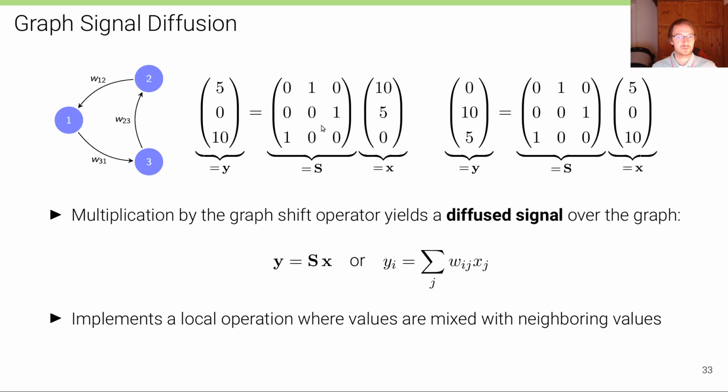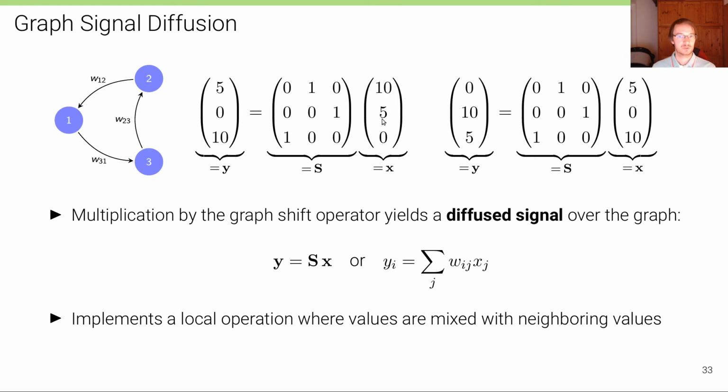Here we have the shift operator S that represents the adjacency matrix of this graph, assuming an unweighted graph where all the weights are 1. If we assume an input signal 10, 5, 0, after multiplication with this matrix S, we get 5, 0, 10. And this is what we expect, because in the simple case, node 2 influences node 1, and that's exactly what happens.